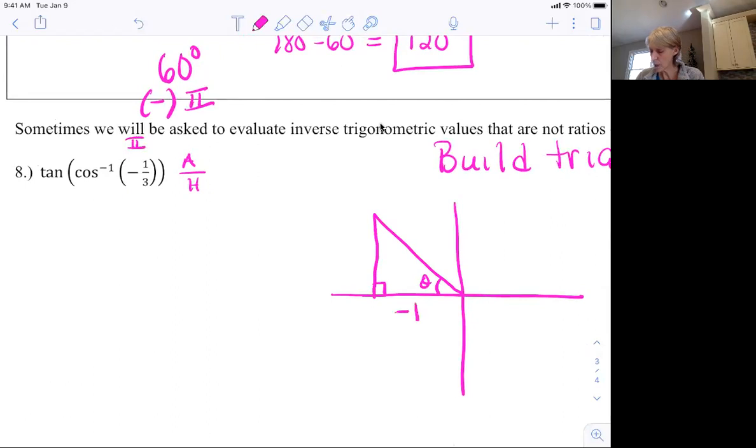Adjacent, -1. Hypotenuse, 3. In order to set up the tangent function, I don't need the value of the angle, I just need the side length. So I use the Pythagorean theorem, a squared plus b squared equals c squared. So y squared is going to equal 9 minus 1, which is 8.